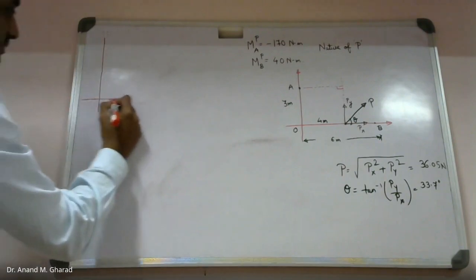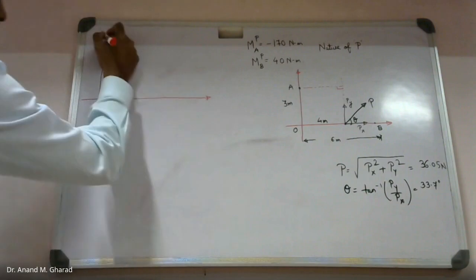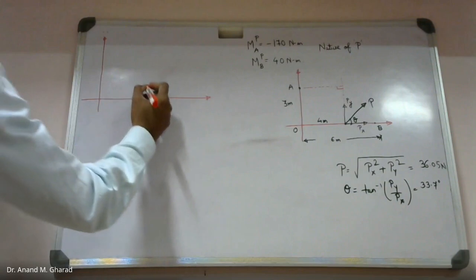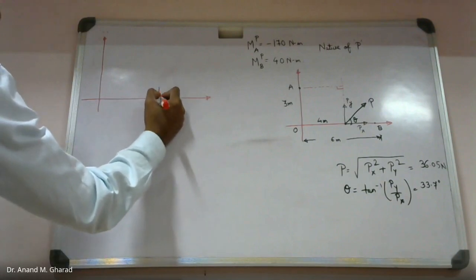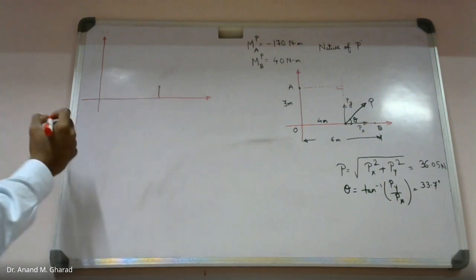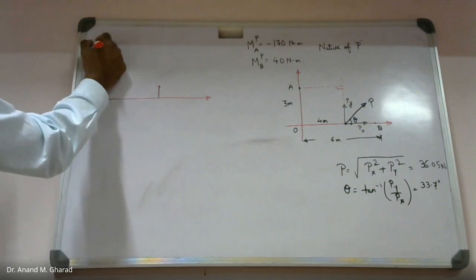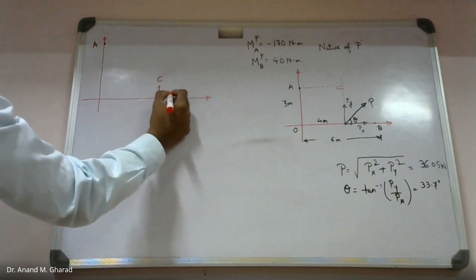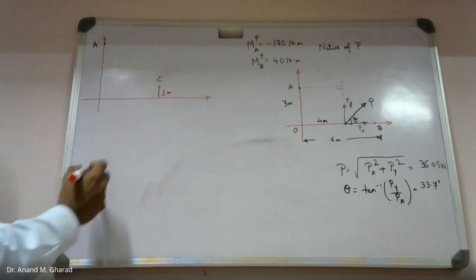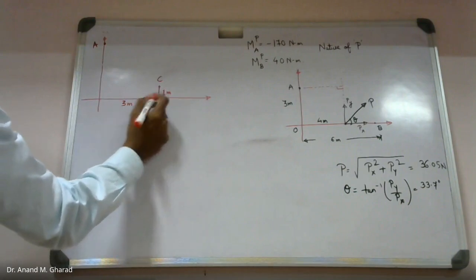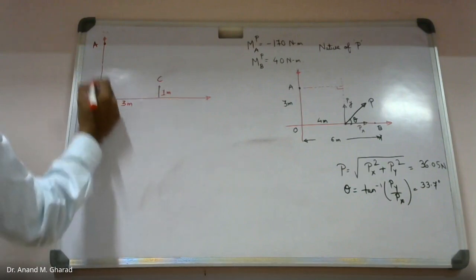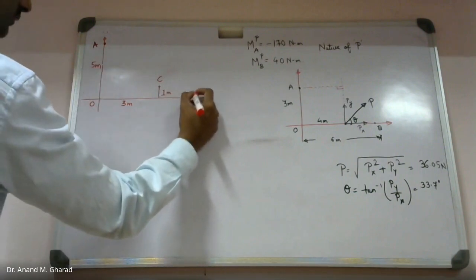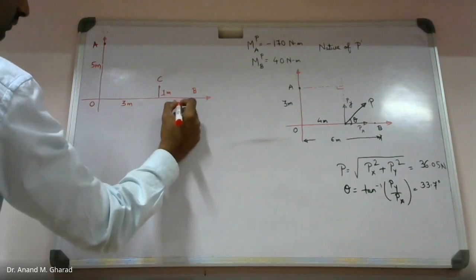So there are many terms associated, and let's see what the figure says. This is point A, this is point C, this is 1 meter, this is 3 meter from here to here, that is from point O. This is 5 meter, and then there is one more point B, 2 meter.